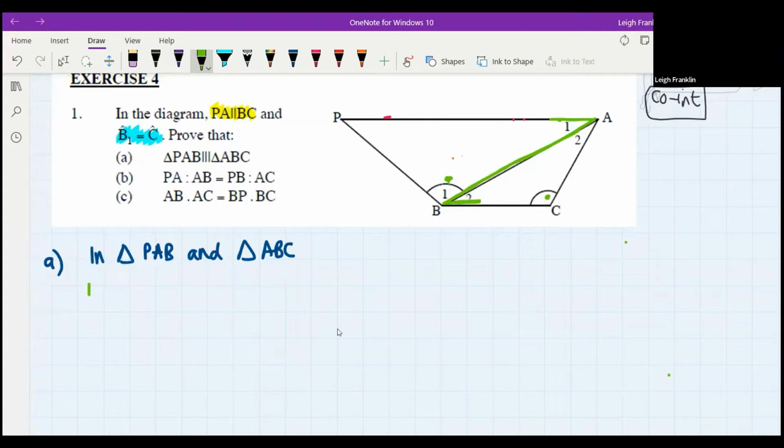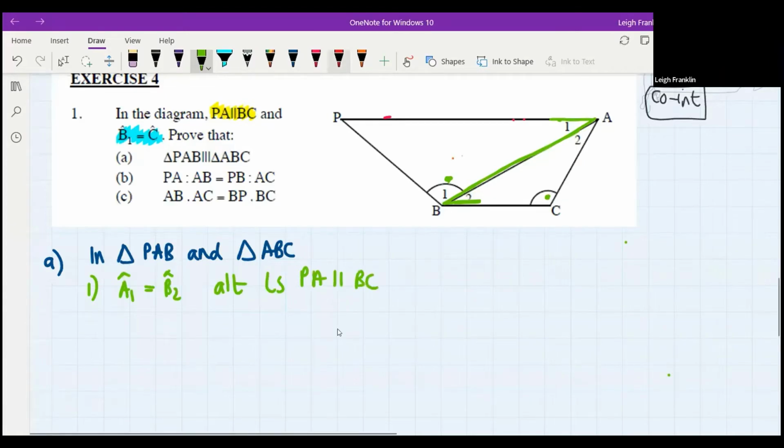So reason number one can either be B1 equals C, or A1 equals B2. Either one of those two has to go first. So let's say we decide to go with angle A1 equals angle B2, and that is because PA is parallel to BC.